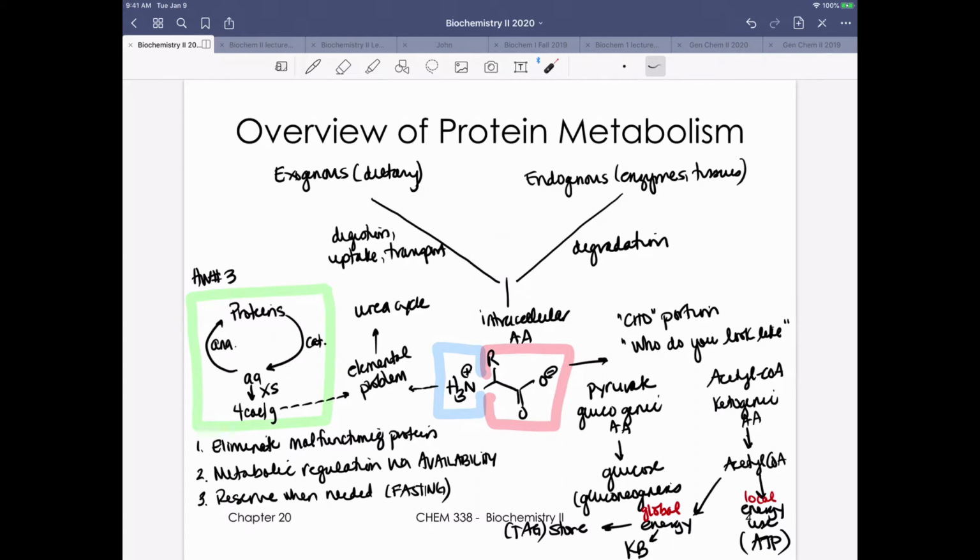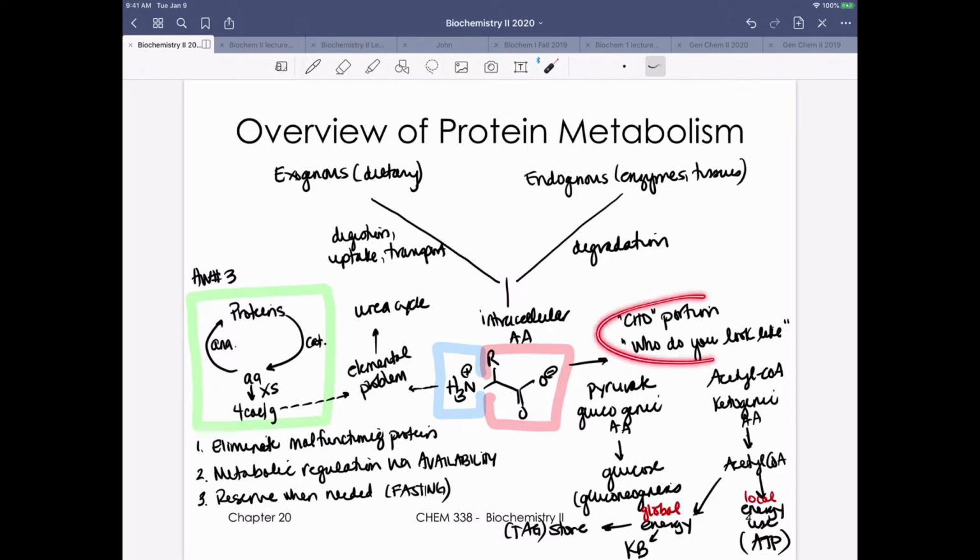That nitrogen introduces a new element that we have to think about how we're going to metabolize. In the general structure of an amino acid, we have the alpha amino group that we need to think about disposing. Once we take care of that, we've got the alpha carbon skeleton.